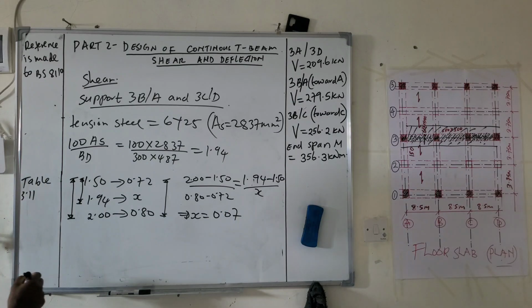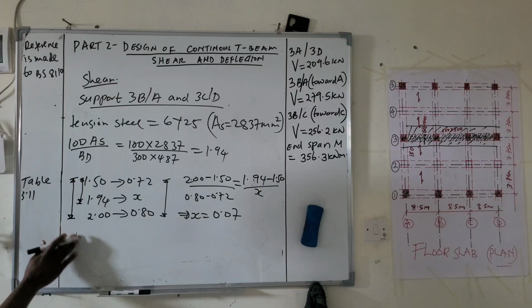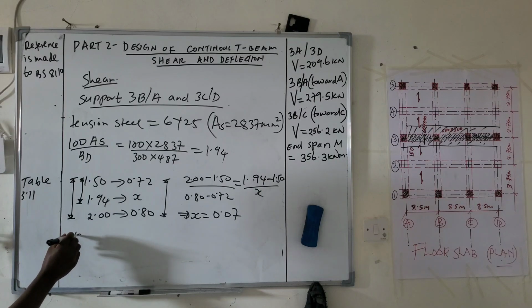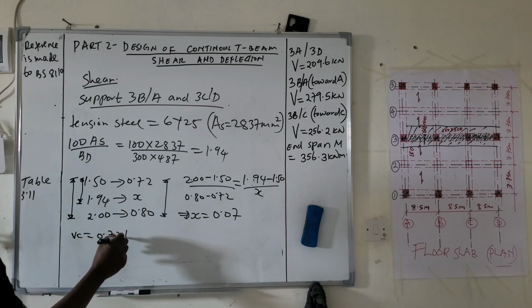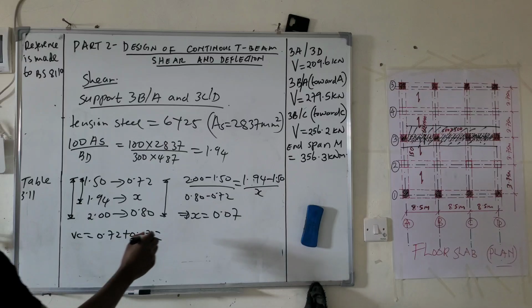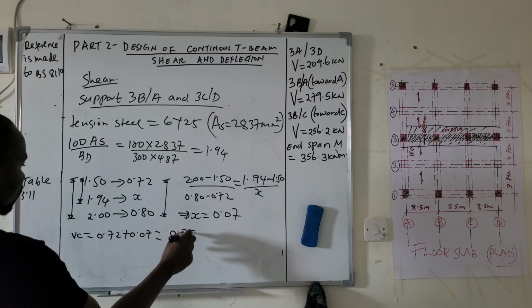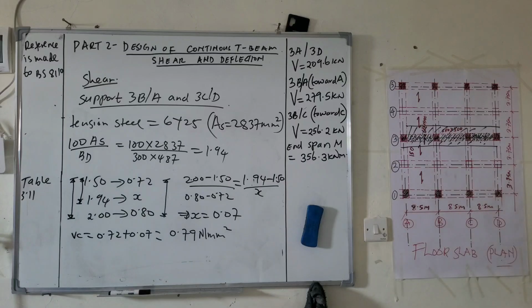So the Vc, small vc, which is the shear stress in concrete, is equal to 0.72 plus 0.07. So this one is equal to 0.79 Newton per millimeter square.